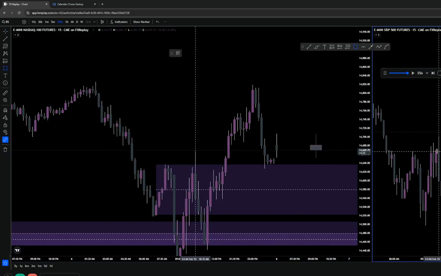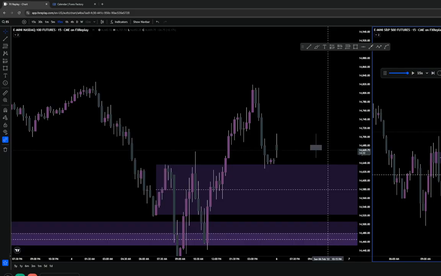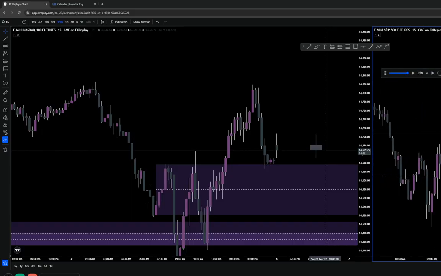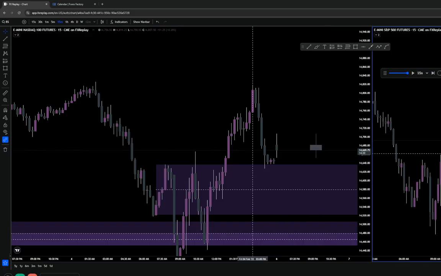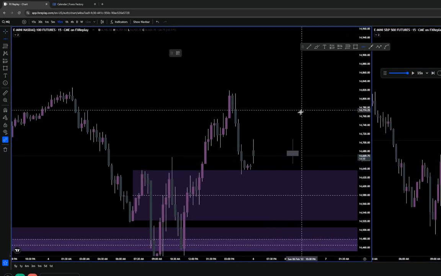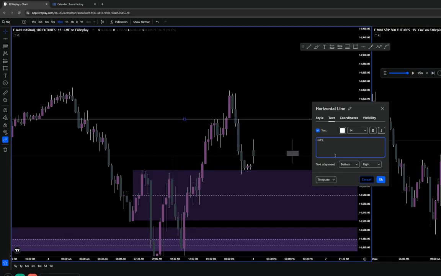Breaker tap on ES as well. I'll mark that up. Just right here. Breaker tap. Unfilled 15 above.